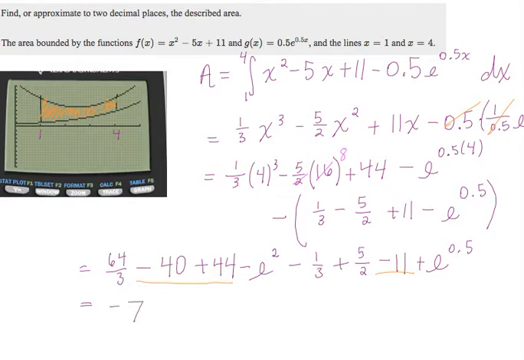We can combine these thirds. 64 thirds minus 1 third is 63 thirds, which I believe will simplify. So 63 thirds, and then we have plus 5 halves minus e squared plus e to the 0.5.